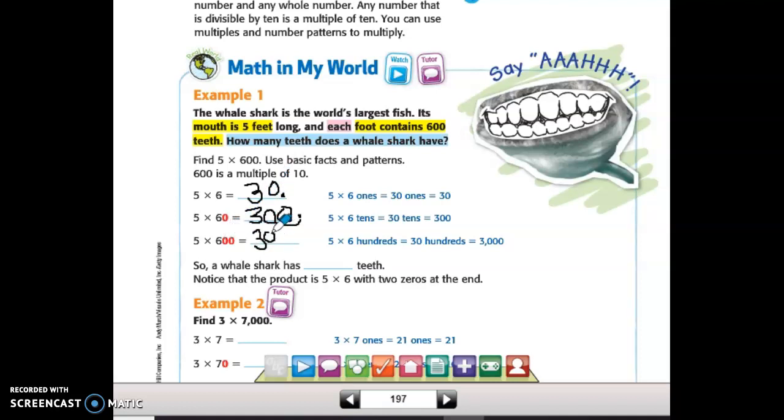So 30 is our basic fact. 2 place values gives us 3,000. So a whale shark has 3,000 teeth. And the product of our basic fact has 2 extra zeros at the end.